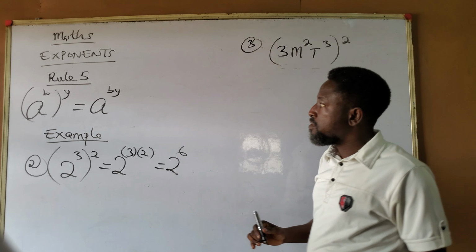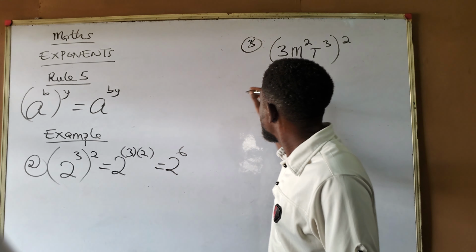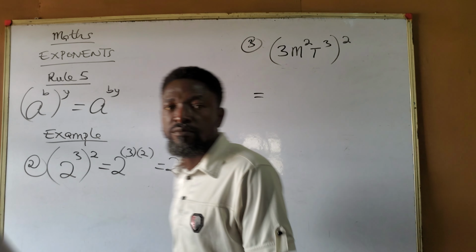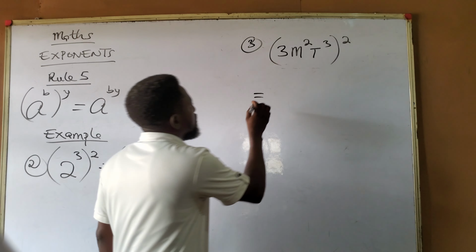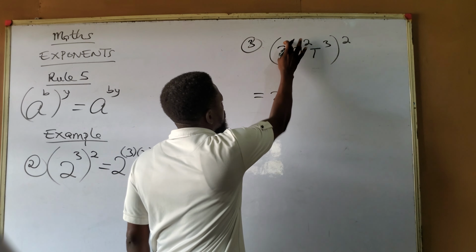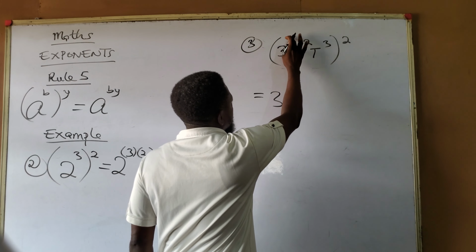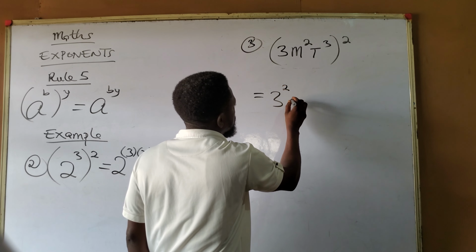If you make use of this rule 5, this one will be the same thing as having 3, but this one is the same thing as 3 to the power 1. So these two multiply the power. So this one becomes 3 to the power 2.